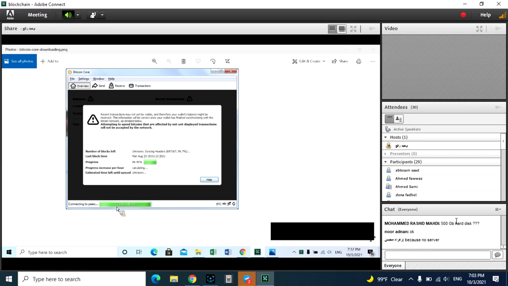See this figure? 12 days. 12 days for me, even with a good speed network, to download all. It's a huge amount of data, and all the blocks must be downloaded.